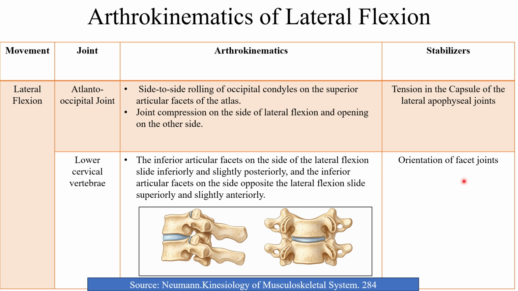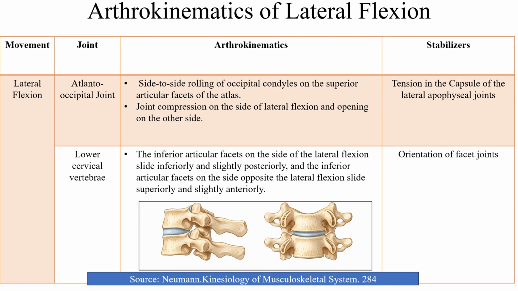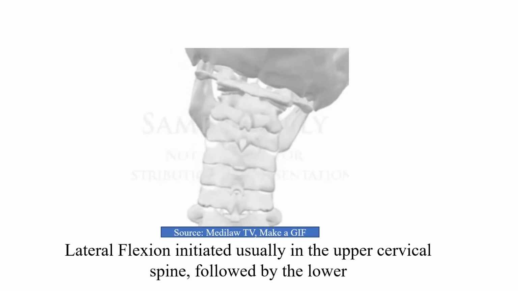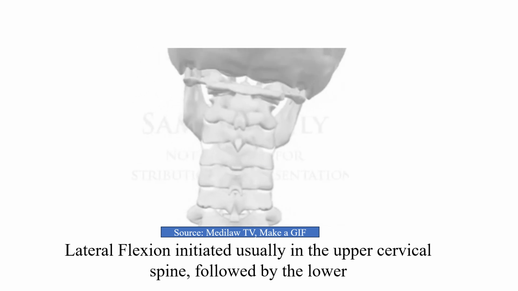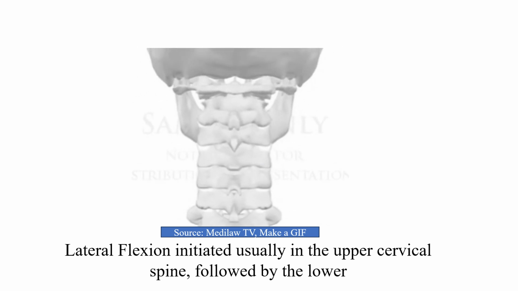So basically the stabilizers are the facet joint orientations themselves, which prevent overmovement, and of course there are muscle tensions also, like your trapezius on the opposite side, which can control the movement from over happening. In an ideal scenario, lateral flexion is initiated in the upper cervical spine and then followed by the lower cervical spine.